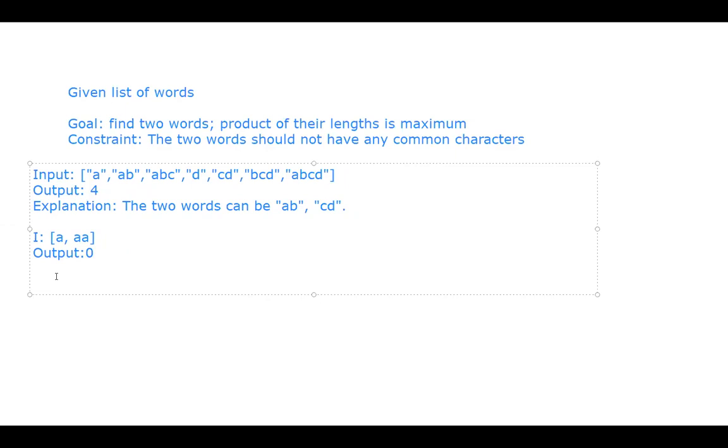I mean, not literally going into an optimized solution, but if you haven't attempted it, what would be the first thing that comes to mind? A brute force approach? So my brute force would be to create a map where the key is the word and the value is the set of characters.